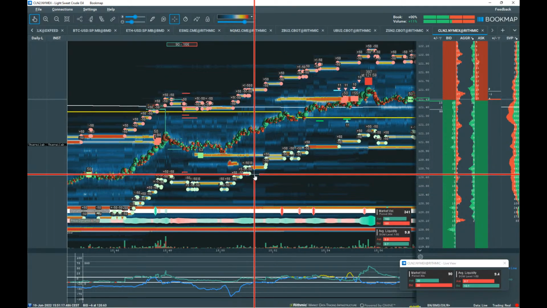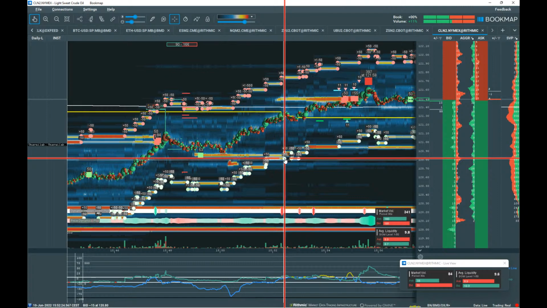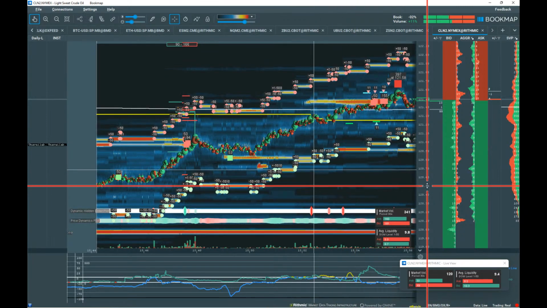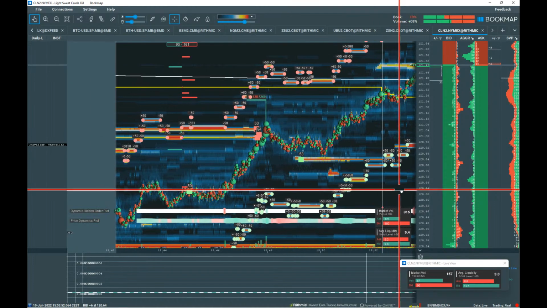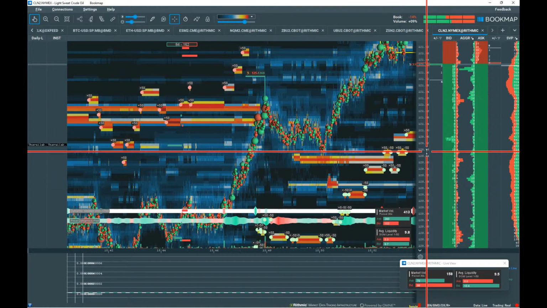We see liquidity up, and plus means the liquidity comes in, and minus means it is cancelled. Let's have a look at this example just to visualize it to you. Let me see if I can catch it right at the point here.